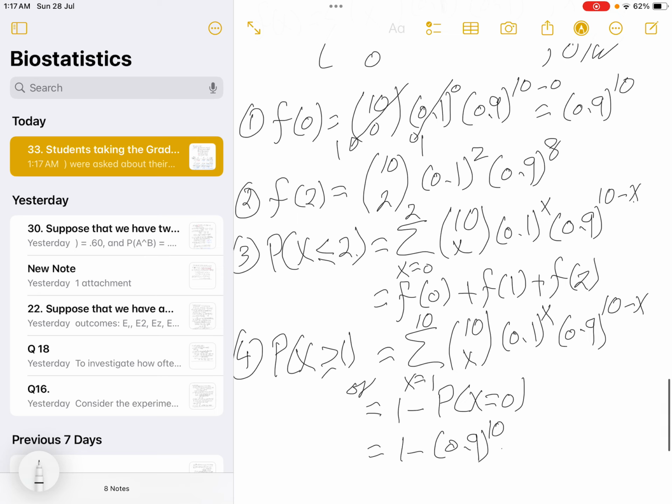Don't calculate again. Use the data that you have calculated before.